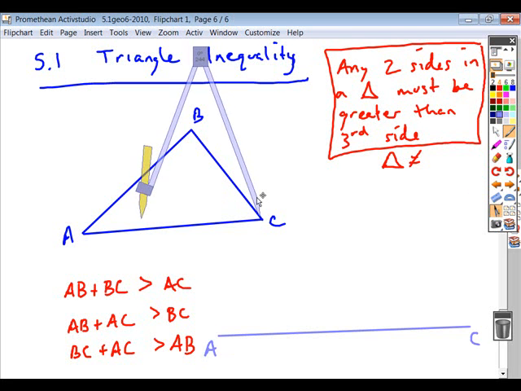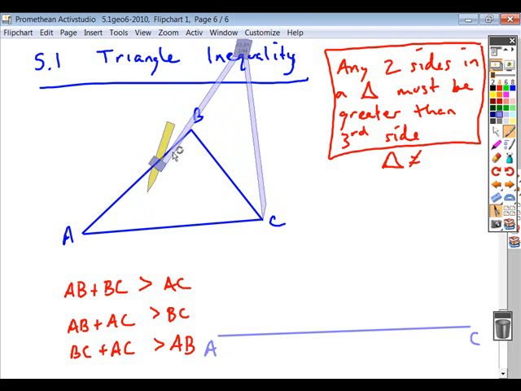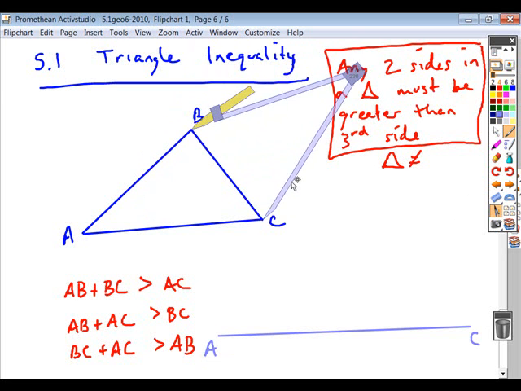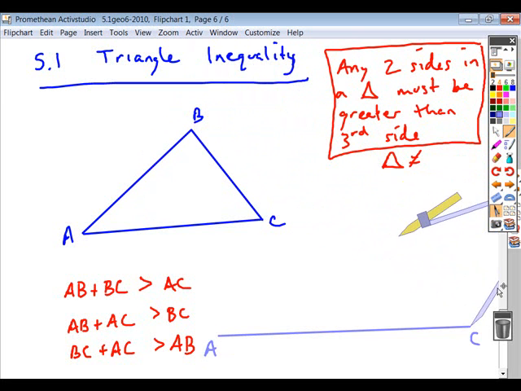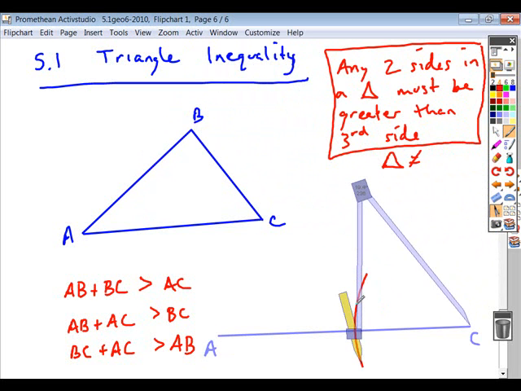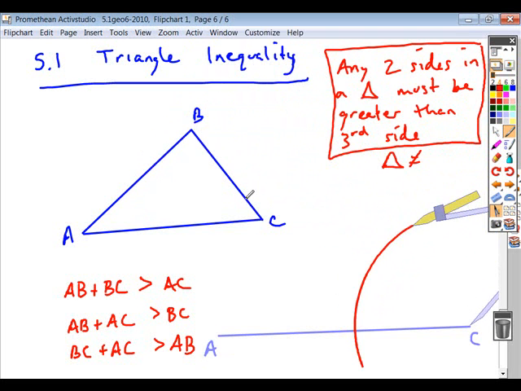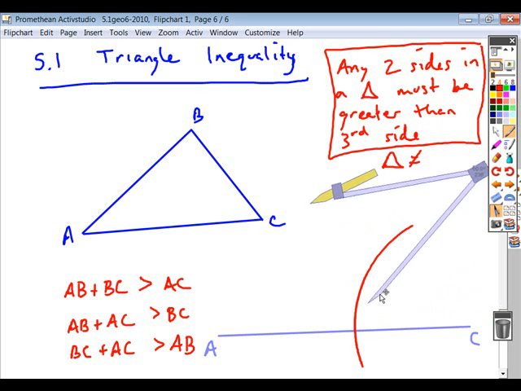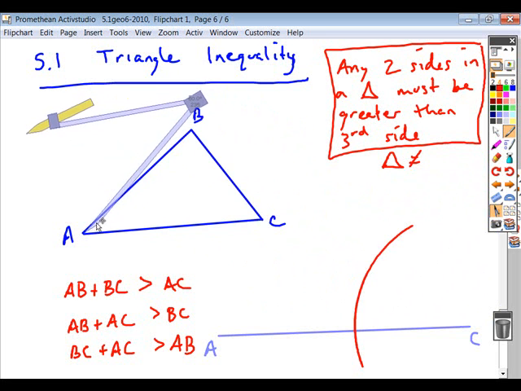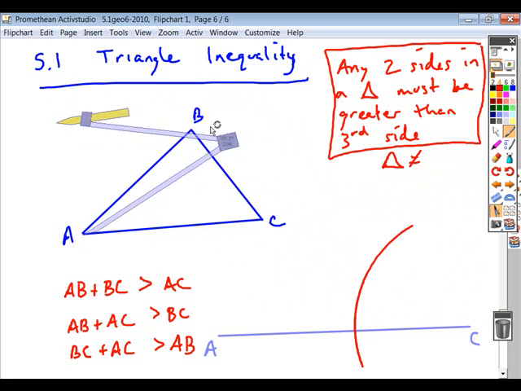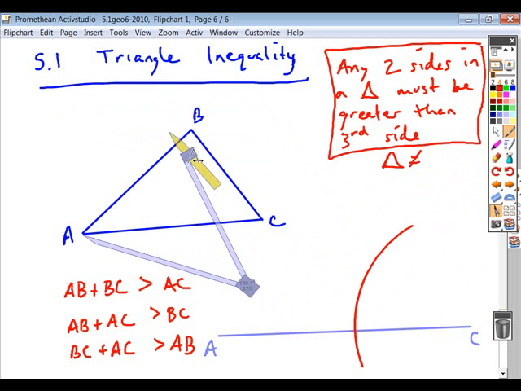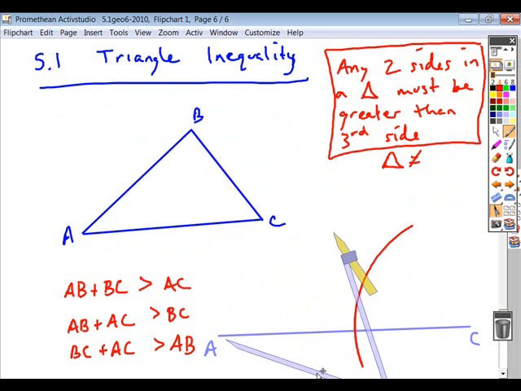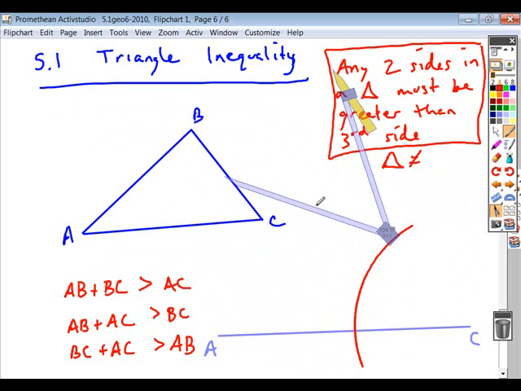If I place my compass and I draw my arcs, all points along this circle will be a distance of BC away from point C. So B has to fall somewhere on that circle.